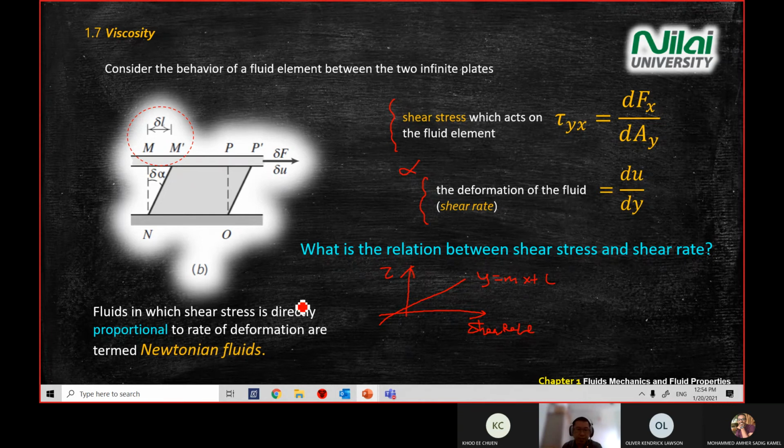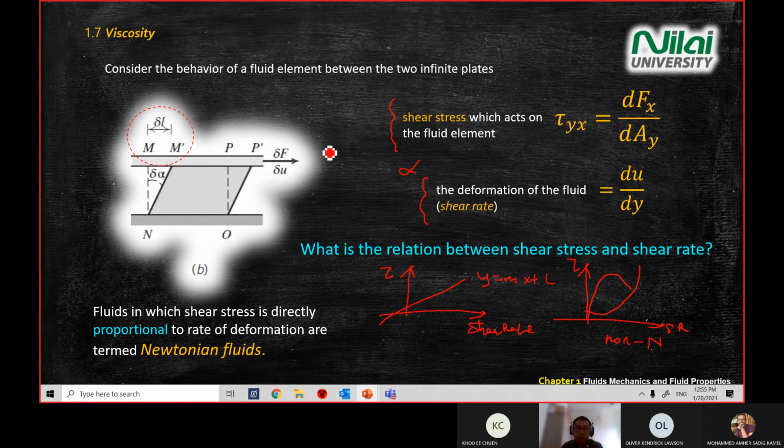If you have this kind of behavior, again, you are having a Newtonian fluid. If you plot the graph and you get something like this curve, or this kind of curve, where this graph is shear stress versus shear rate, then this becomes non-Newtonian fluid behavior.